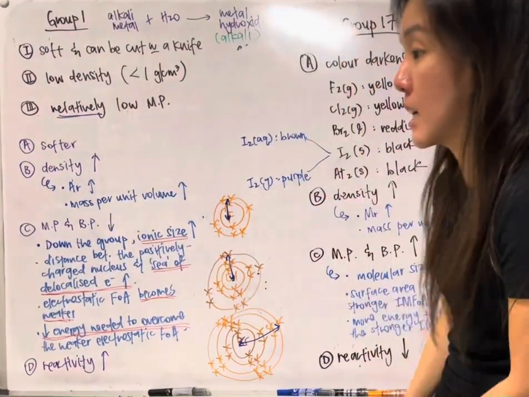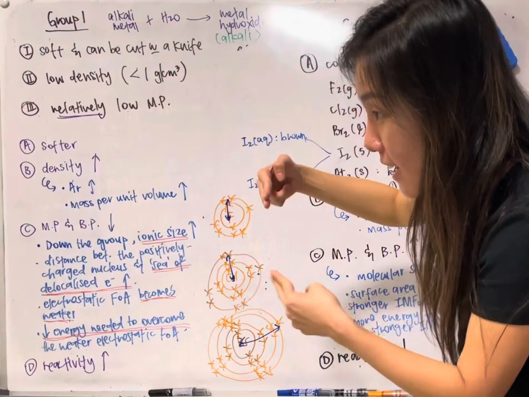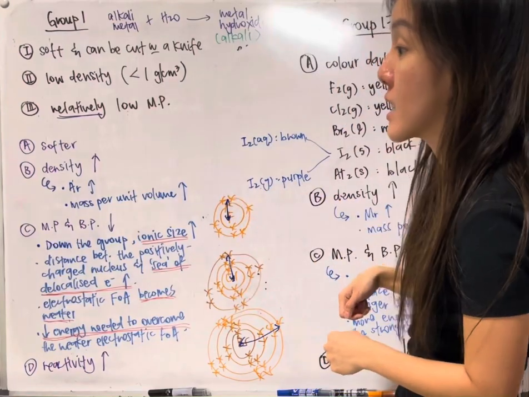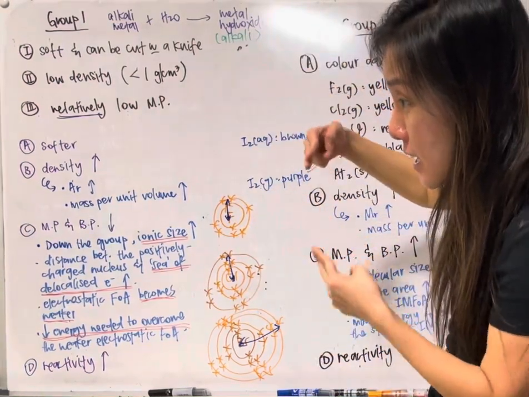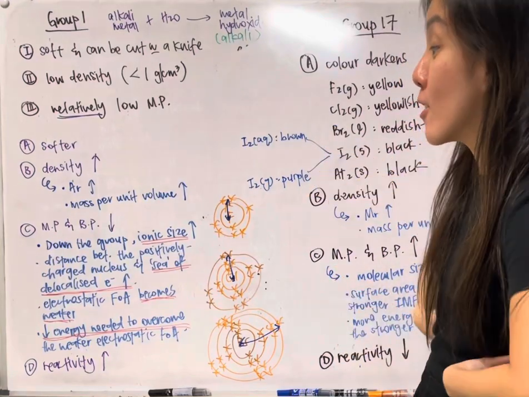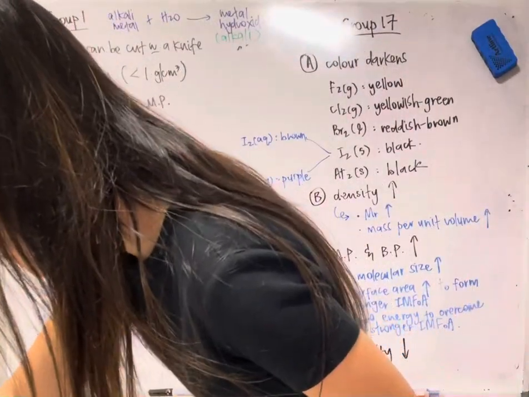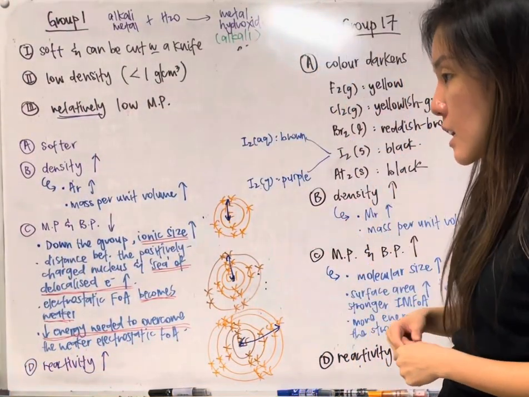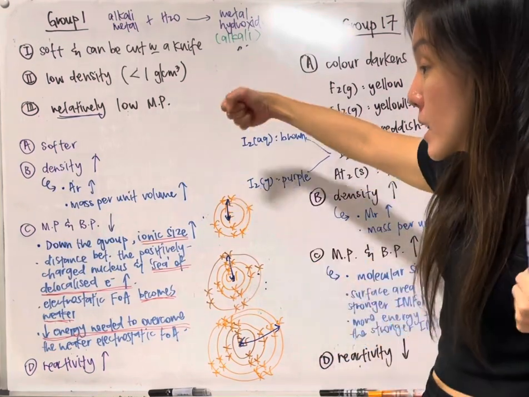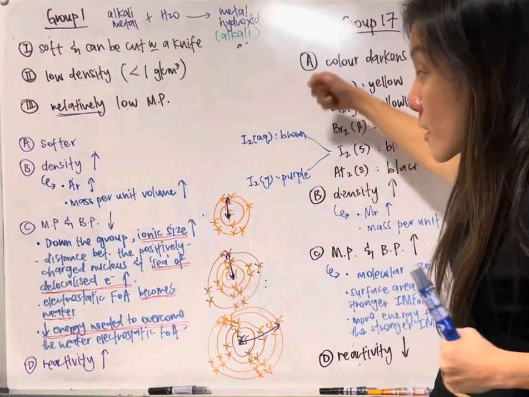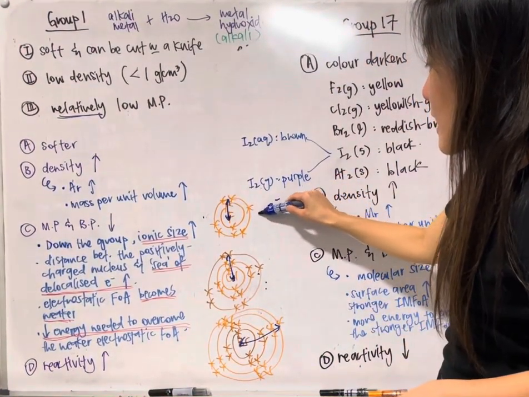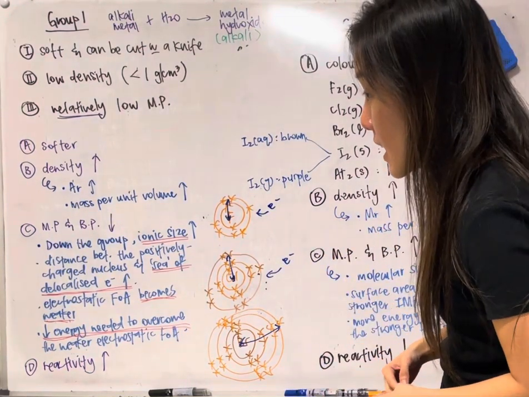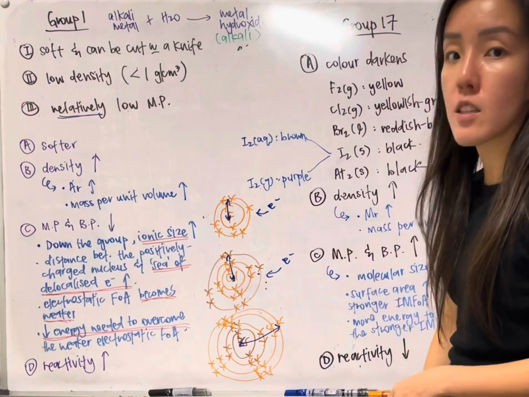Then the electrostatic force of attraction becomes weaker. So is it more difficult or easier to gain? Think about this: the magnet is further and further away. So it's more difficult to gain an electron. Yes.